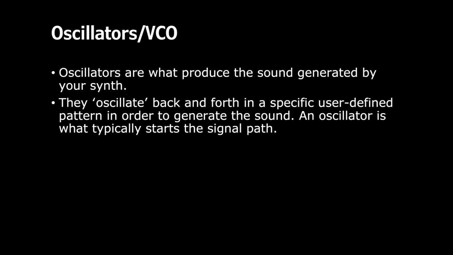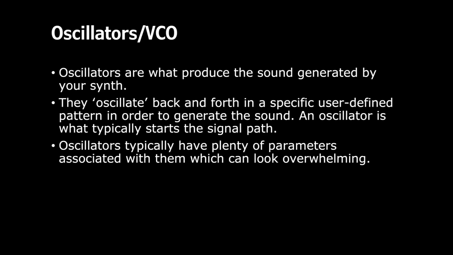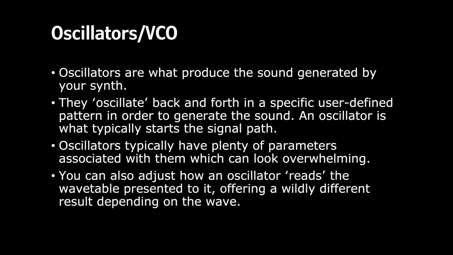So an oscillator is what typically starts the signal path. Oscillators typically have plenty of parameters associated with them, which can look overwhelming, but again, as I've stated many times so far, we will go over this.